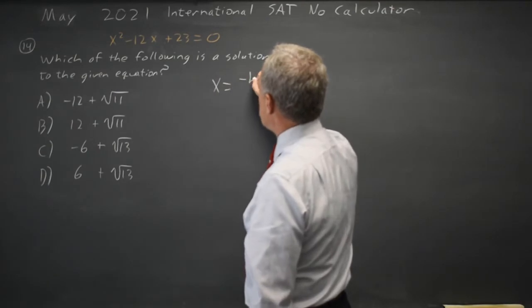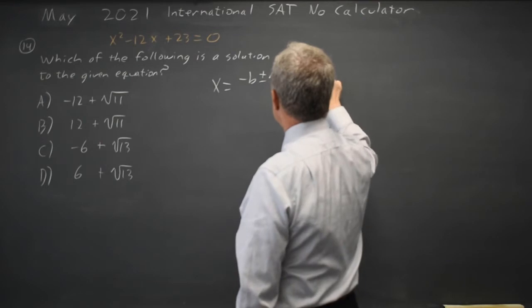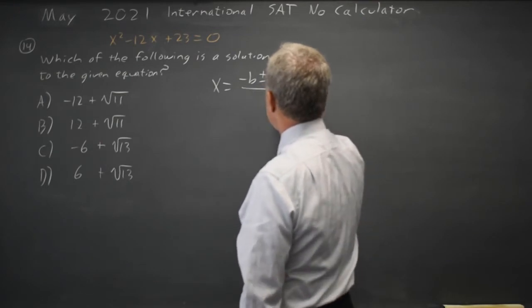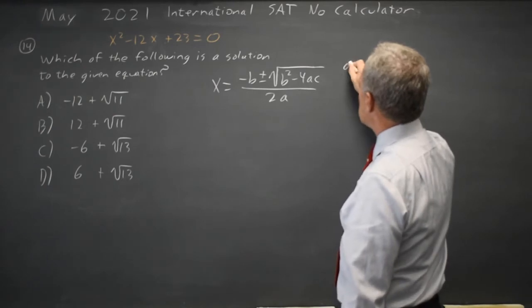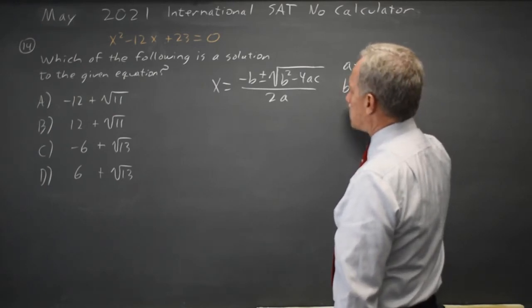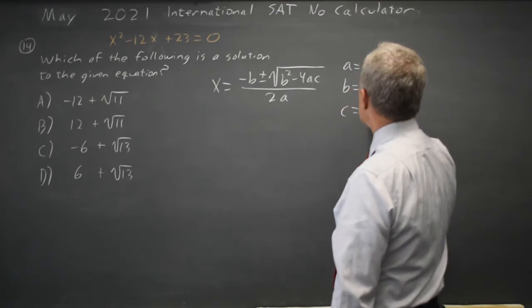x equals negative b plus or minus the square root of b squared minus 4ac, all of that over 2a, where a equals the x squared coefficient 1, b equals the x coefficient negative 12, and c equals the constant 23.